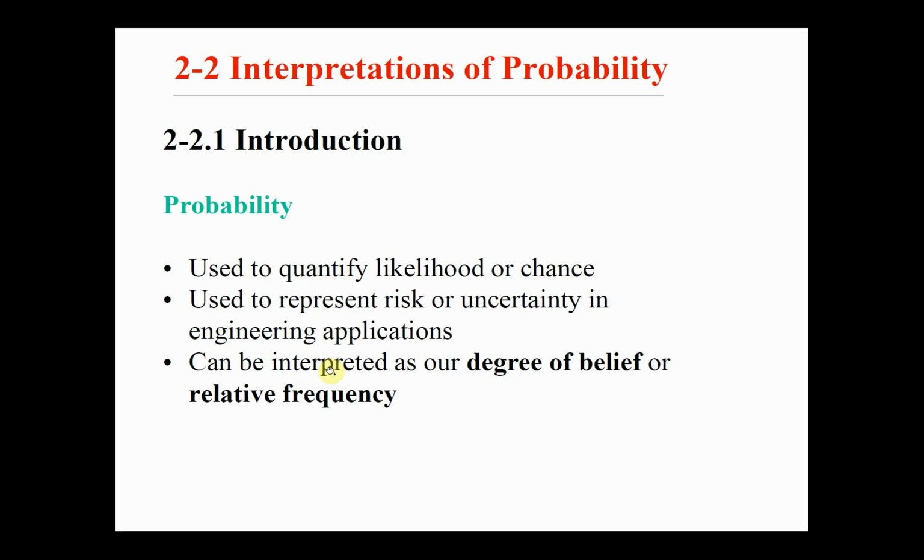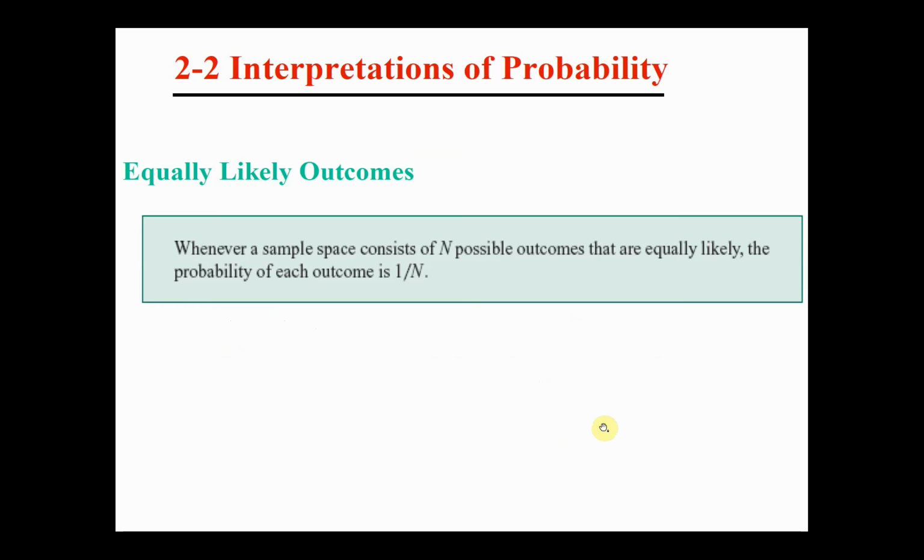Probability can also be used to interpret our degree of belief. How much do we believe in this outcome? Let's say, what is the probability that it will rain today in the afternoon? When we talk about the probability of raining, it's basically how much we believe that it will rain. So these are all meanings or interpretations of probability.